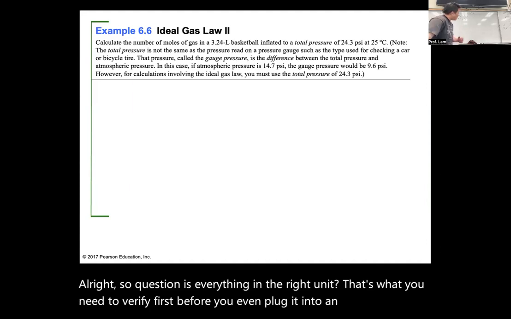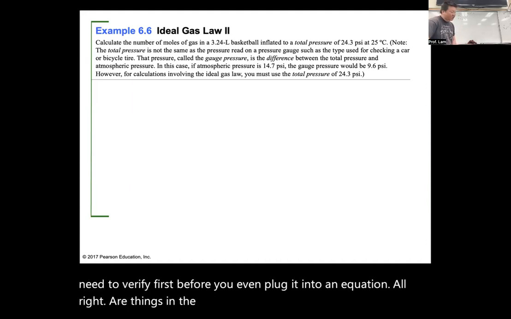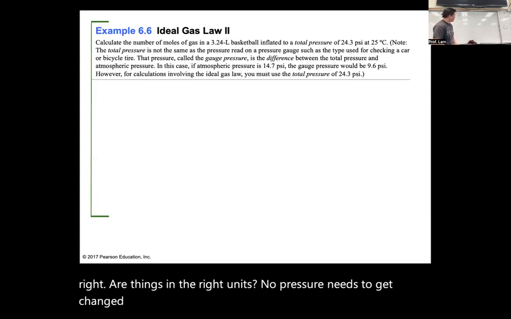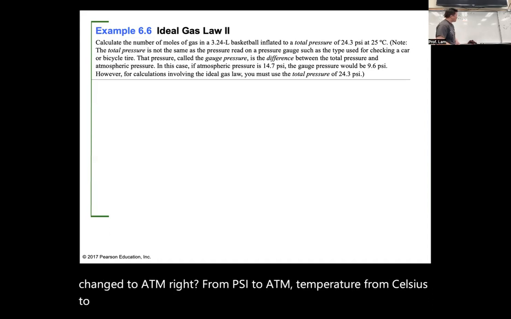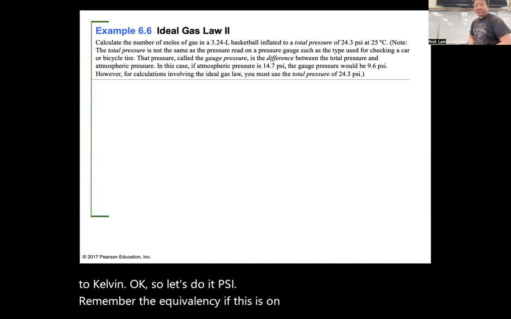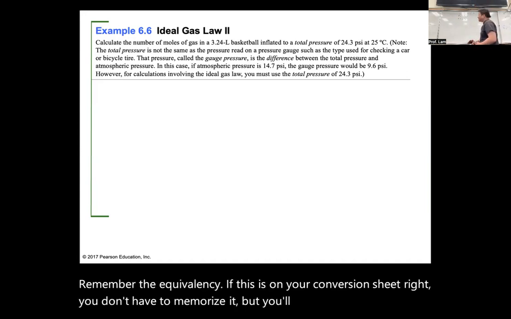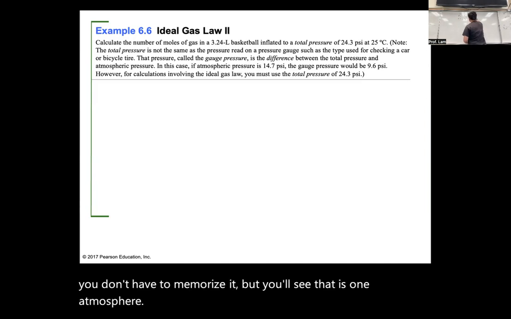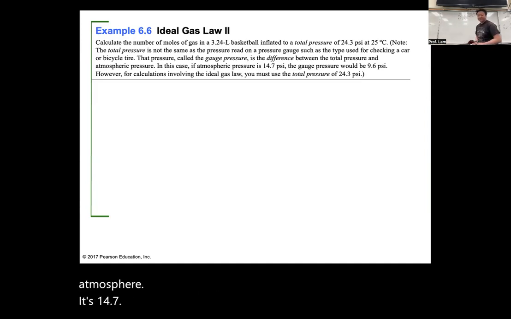No. Pressure needs to be changed from psi to atm, and temperature from Celsius to Kelvin. So let's do it. Remember the equivalency, it's on your conversion sheet. You don't have to memorize it, but 1 atmosphere is 14.7 psi.